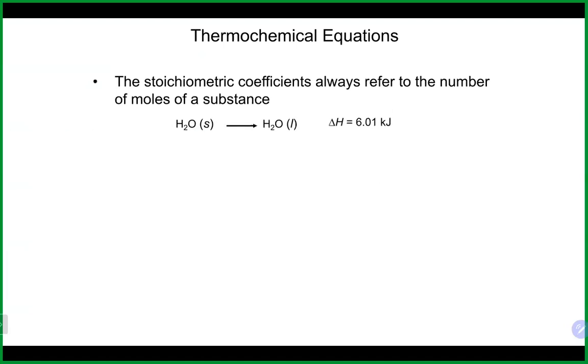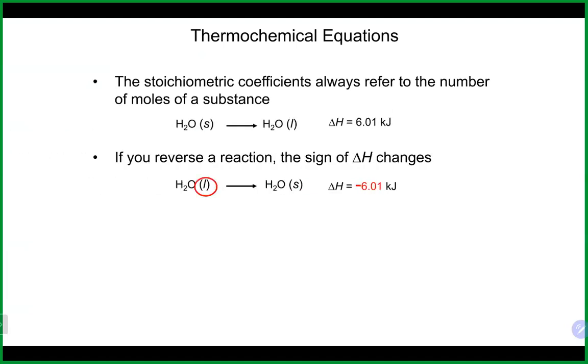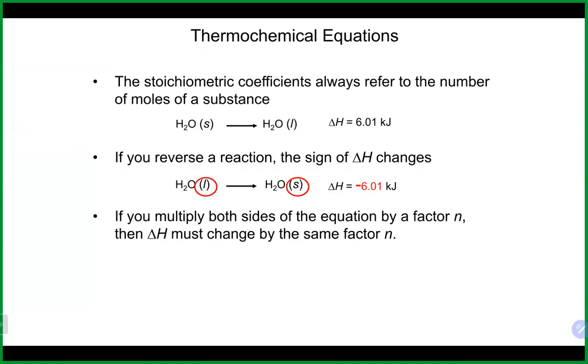The last thing we're going to talk about in terms of energy is a little bit about delta H and change in enthalpy, and what happens if we are doing it for, say, more than one mole, or a little bit different than the coefficients that we see in the equation. So for example, if we have this equation, our coefficients, which are not written because they're ones, are 1.